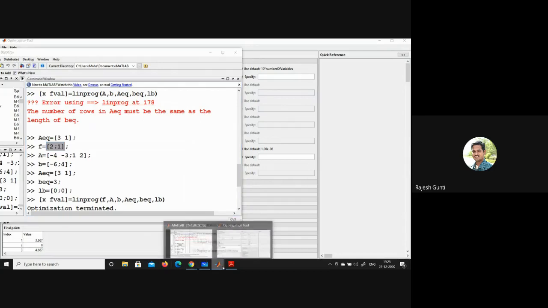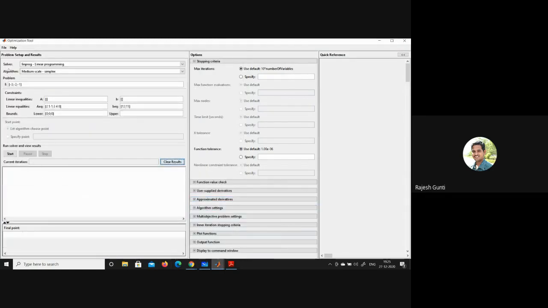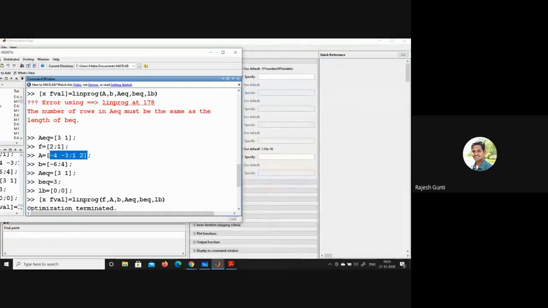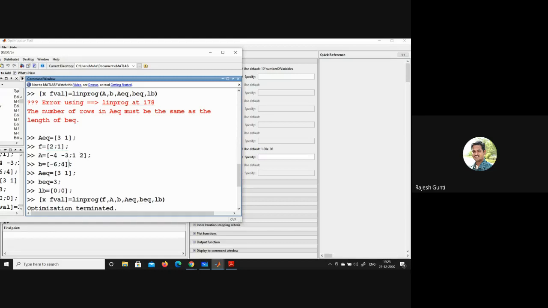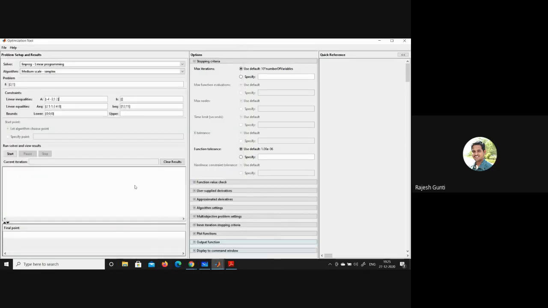Control C. B. Only one constraint is there.